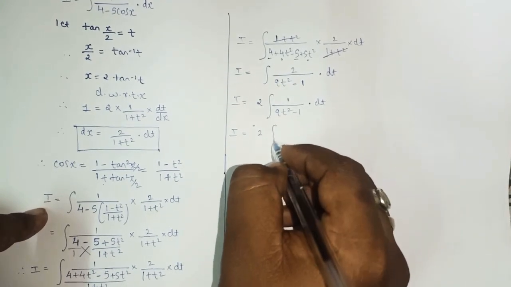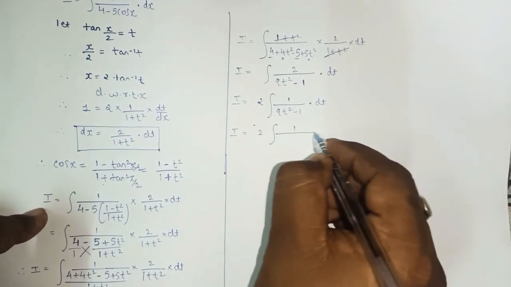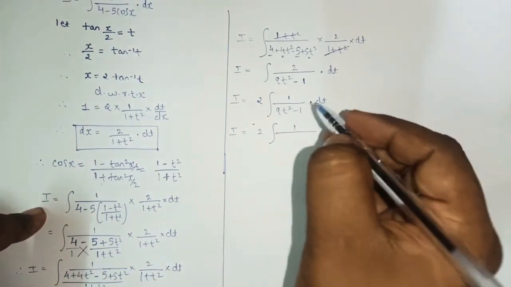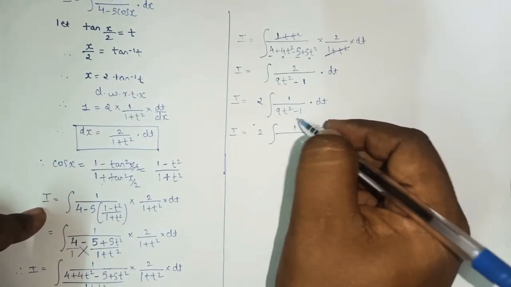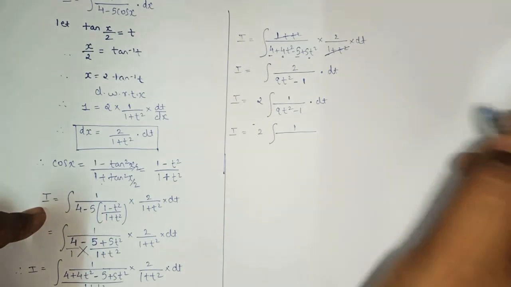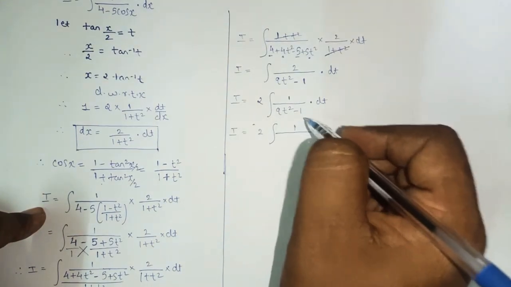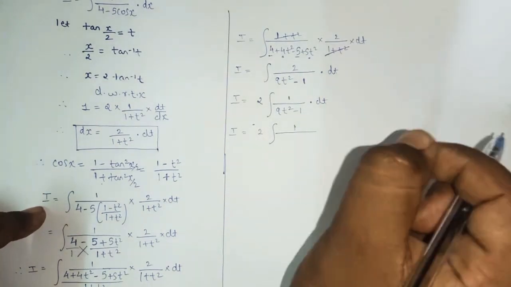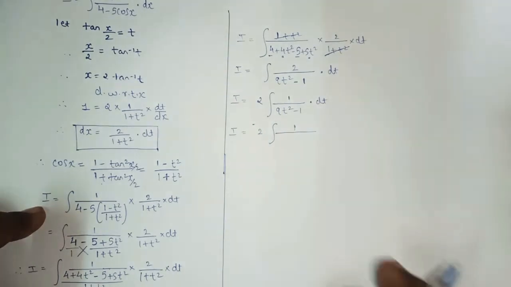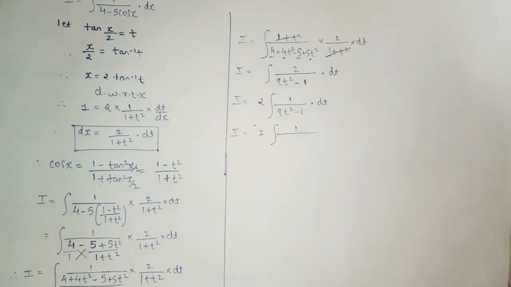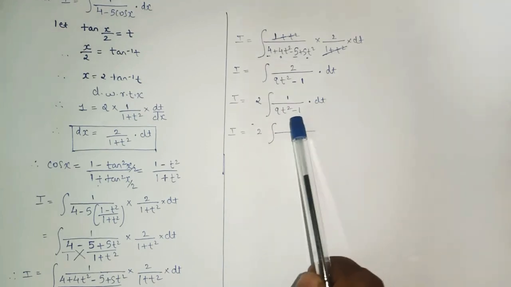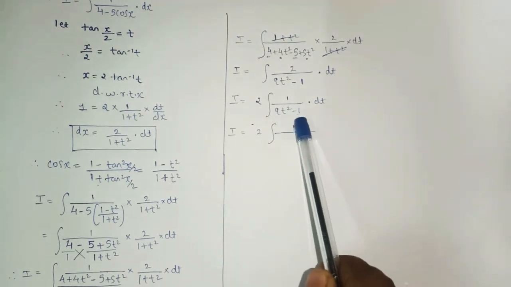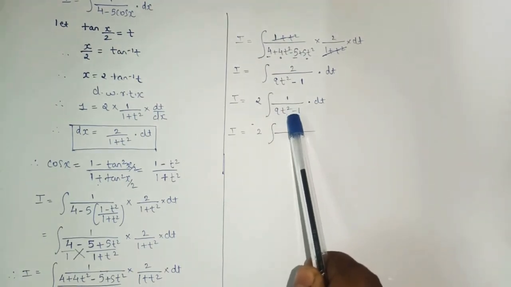Now we have converted this integral into 1 upon quadratic form, and clearly we can see that the middle term is absent. So no need of using the third term concept. We have to use the third term concept when the middle term is present.